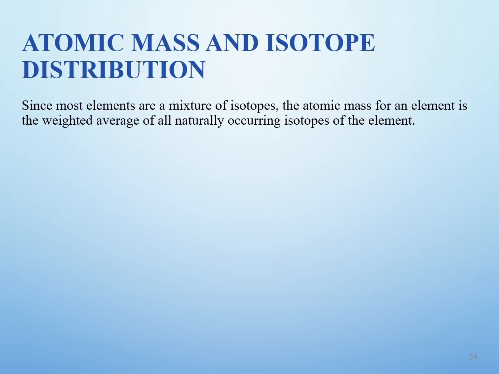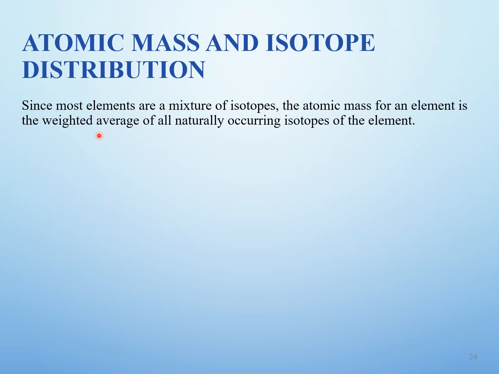So since we talked about atoms having different isotopes, and obviously each isotope weighs a little bit different, we want to start talking about the distribution of these masses according to how many isotopes there are.